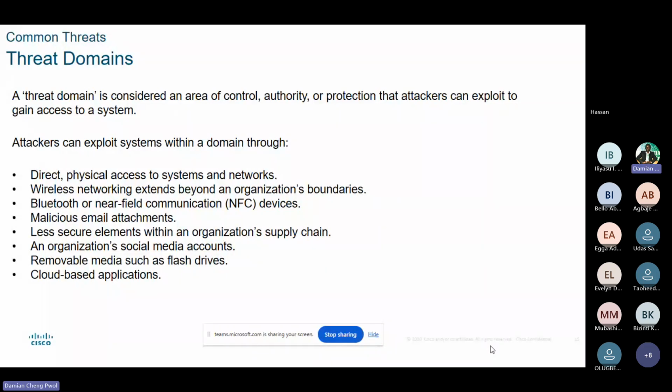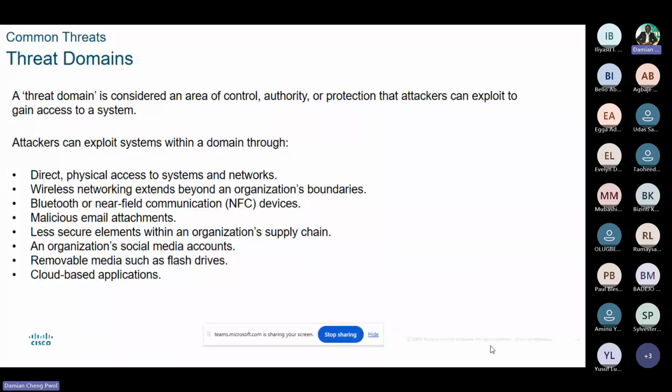An organization's social media account. These are some. Also, removable media such as flash drives. Sometimes these attackers can be funny. Maybe they want to gain access to a banking facility or an organization that wouldn't want to expose its sensitive data.